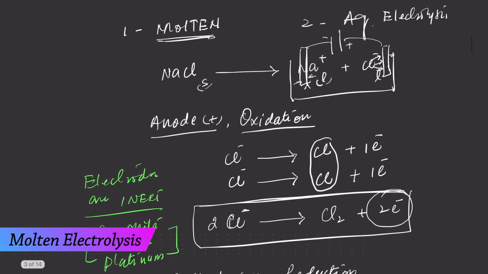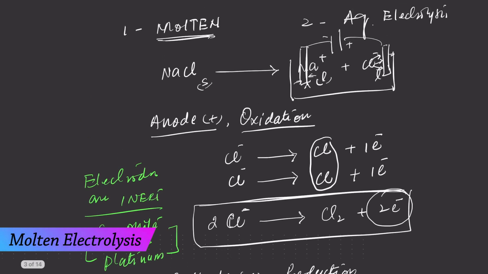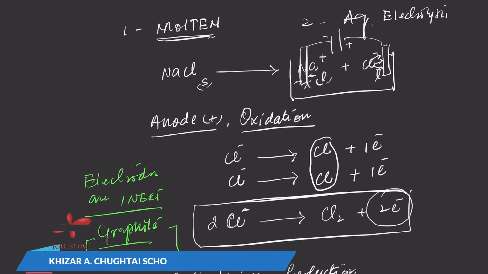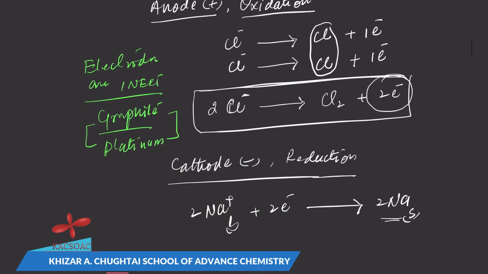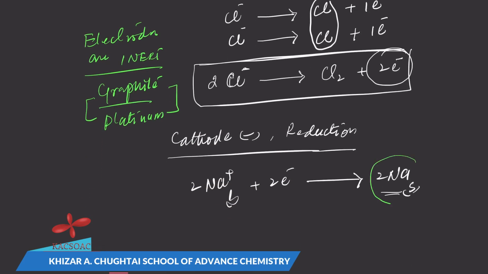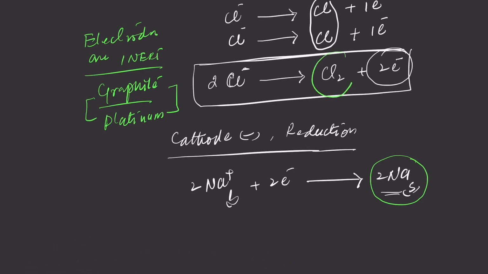So if I'm using inert electrodes and the electrolyte is molten sodium chloride, then the outcome will be that sodium solid appears at the cathode and Cl2 gas comes out at the anode.